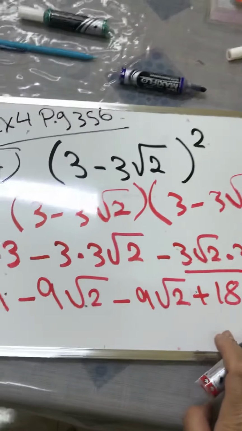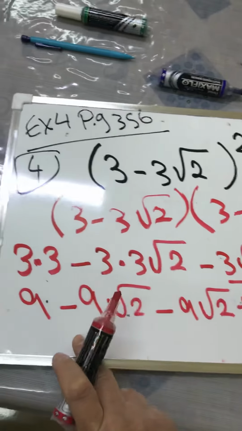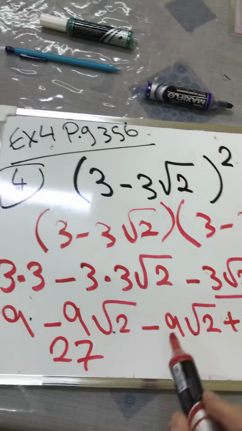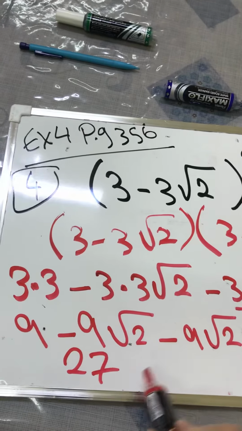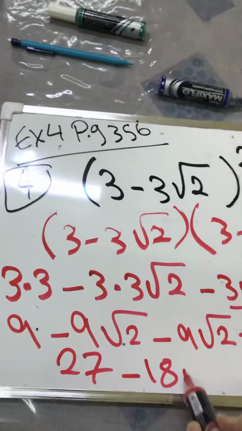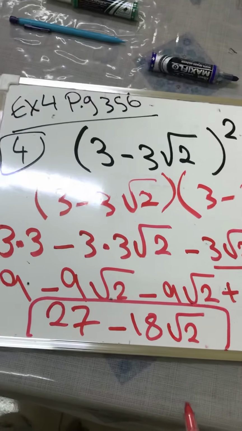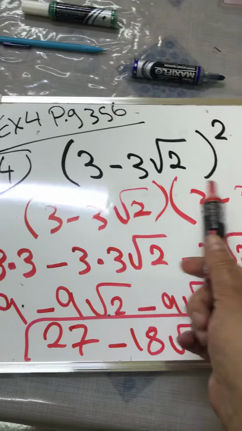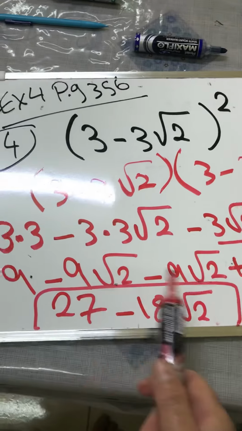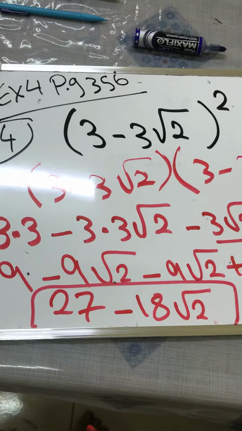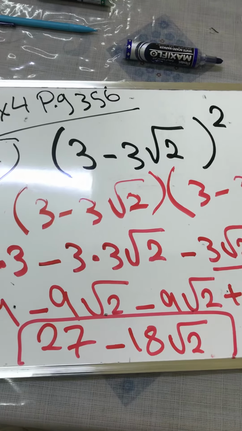I'll take positive 18 with positive 9, it will be 27. And negative 9 plus negative 9 equal negative 18 square root of 2. This is the final answer. So in the beginning, expand and simplify finally. The answer is 27 minus 18 square root of 2.